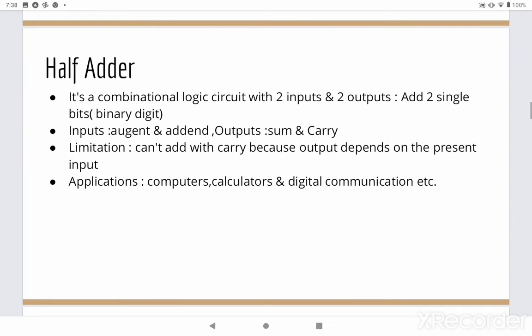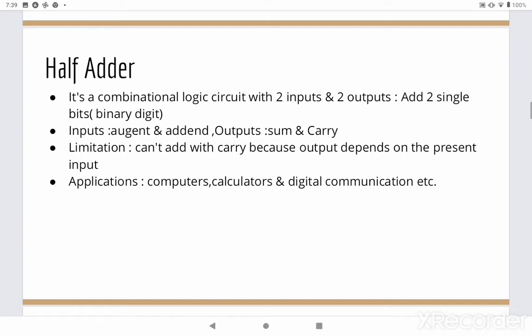Okay, then let us go to the next point, half adder. It is a combinational logic circuit with two inputs and two outputs. Here we are adding two single binary bits, or digits.